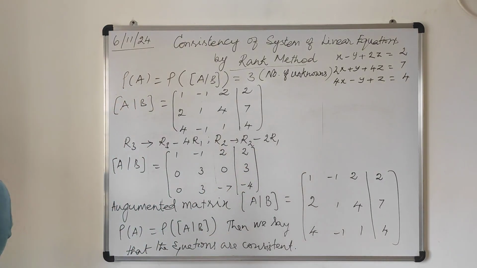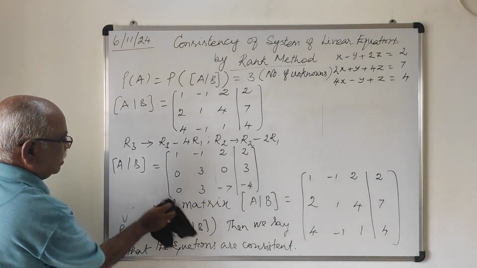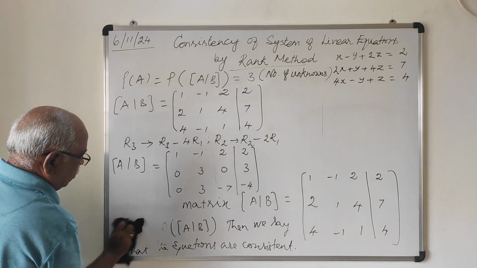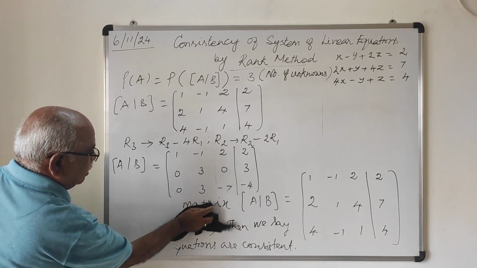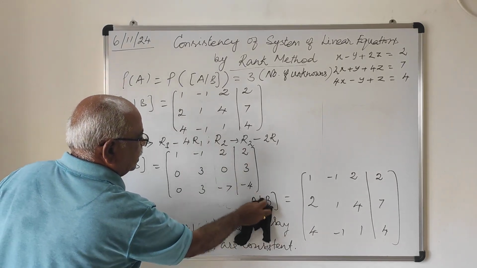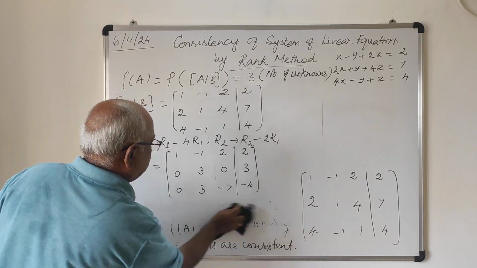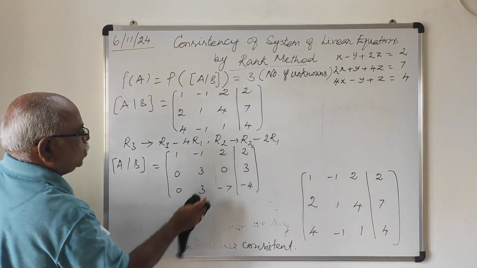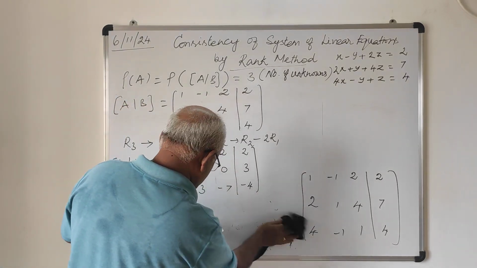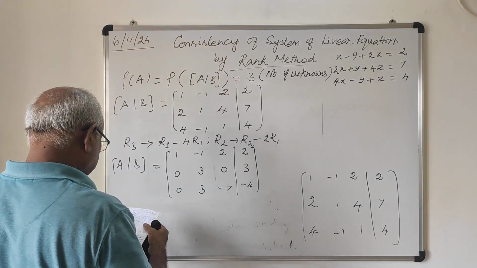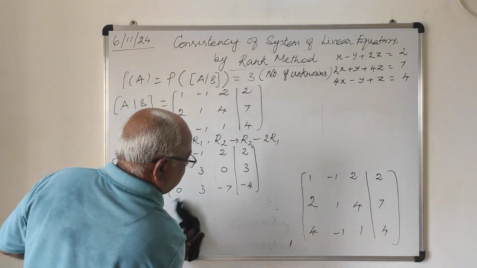After applying the row operations to rows R2 and R3, we get the augmented matrix in the form [1, -1, 2, 2; 0, 3, 0, 3; 0, 3, -7, -4].